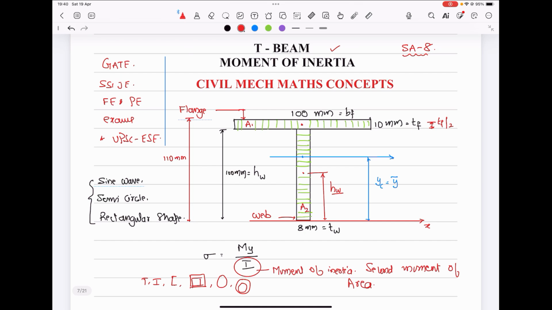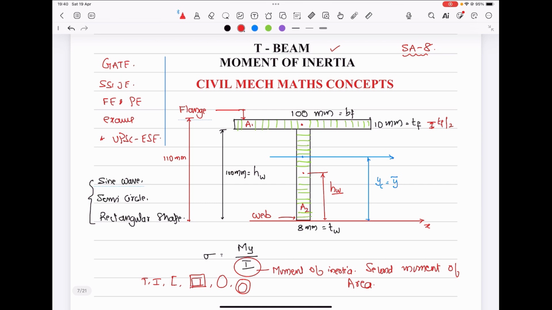The top portion is called the flange and the vertical portion is called the web. If flange width on both sides is not equal, then we can't say it is symmetrical about the y-axis also. We have taken a T-beam that is not symmetrical about the x-axis but symmetrical about the y-axis.